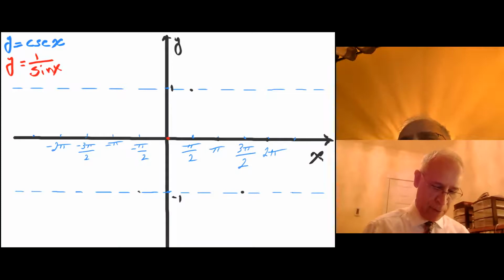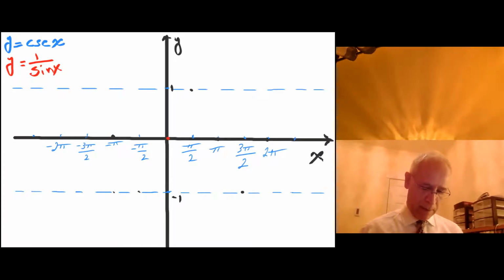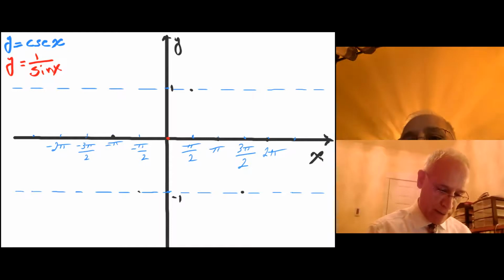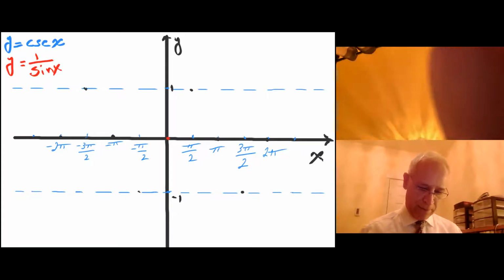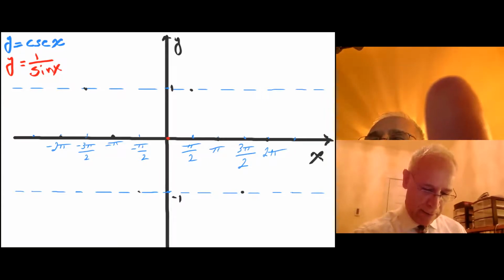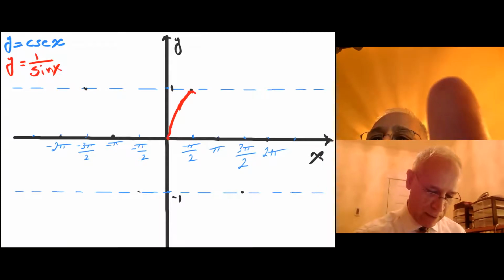Sine of negative pi is 0. Sine of negative 3 pi over 2 is 1. And sine of negative 2 pi, back to 0. So the graph of sine, which you probably have seen many, many times, looks something like this.